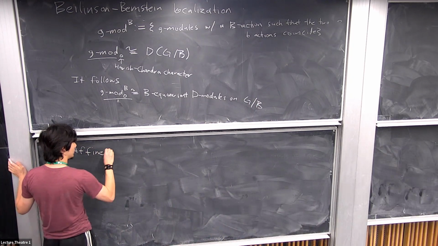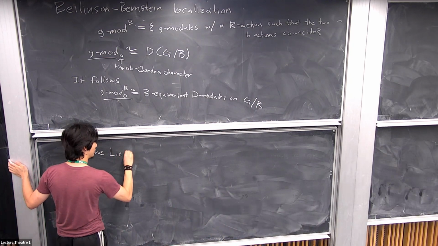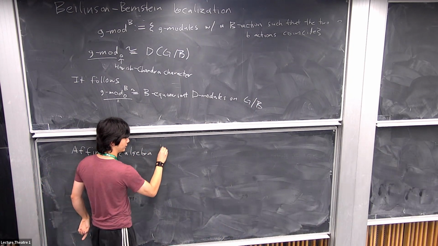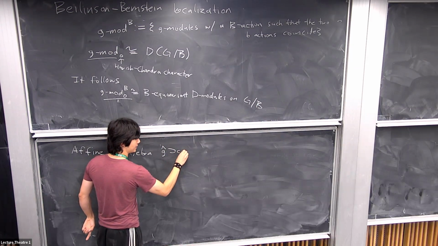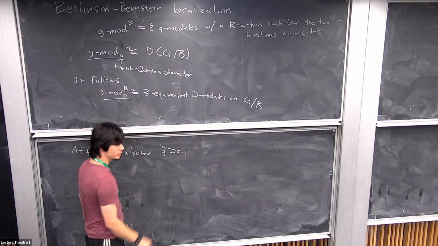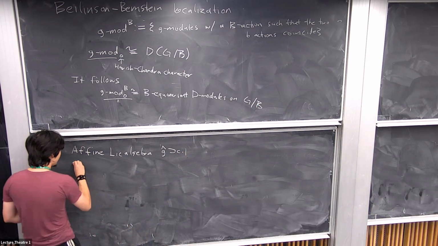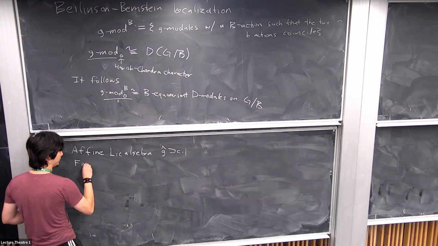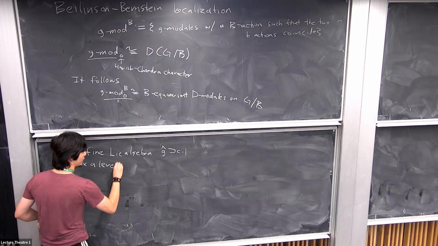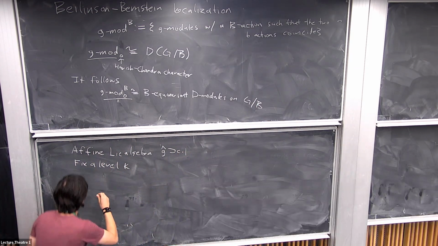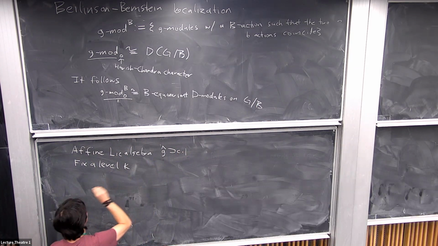Take the affine Lie algebra g hat. Inside it, it has this central part, C times 1. And I can look at representations. I can fix a level, kappa, and so this just determines how C times 1 acts. Now the representation theory of g hat splits into 3 cases.